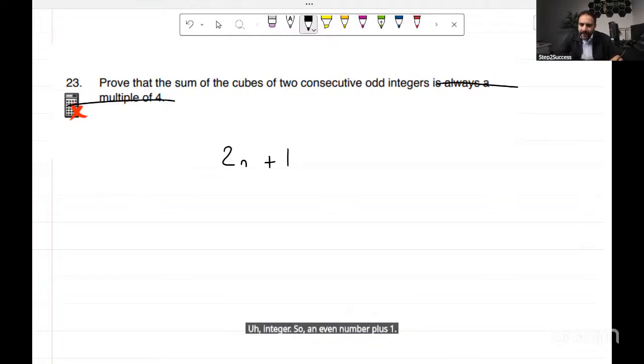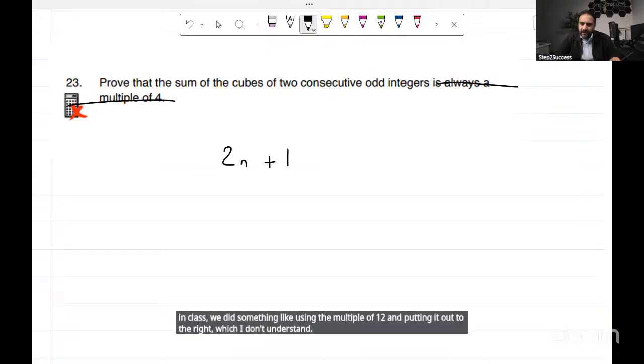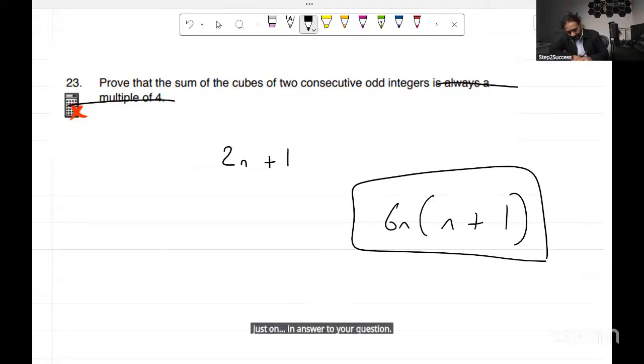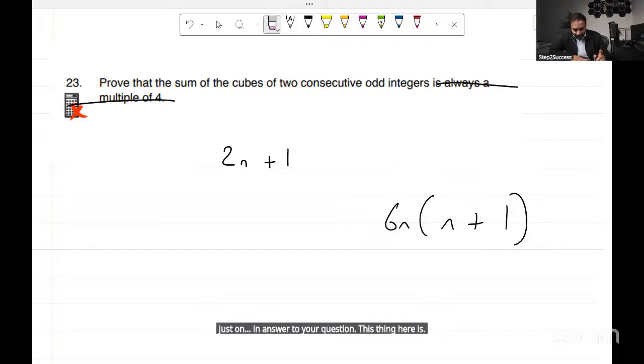In class, we did something like using the multiple of 12 and putting out something which I don't understand. Yeah, fine. Just in answer to your question, this thing here is a multiple of 12, because if n is 1, for example, we've got 6 times 1 plus 1, which is 2, so 12.